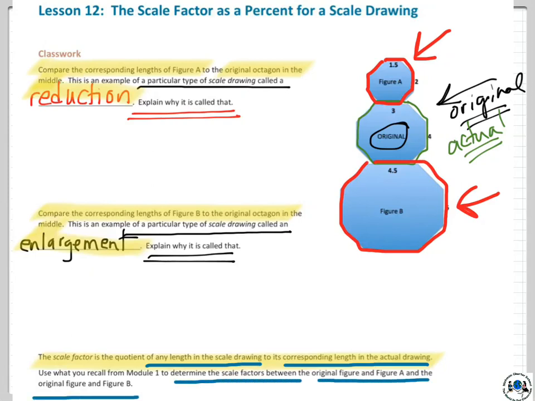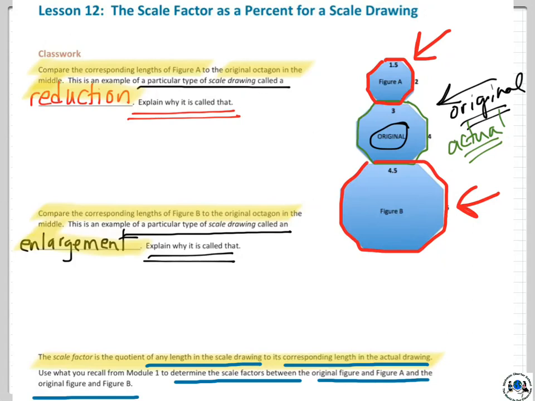Here it asks us to use what you recall from Module 1 to determine the scale factors between the original figure and figure A and the original figure and figure B. So now we're going to compare the different dimensions of these scale drawings to the original, and we're going to come up with some scale factors.